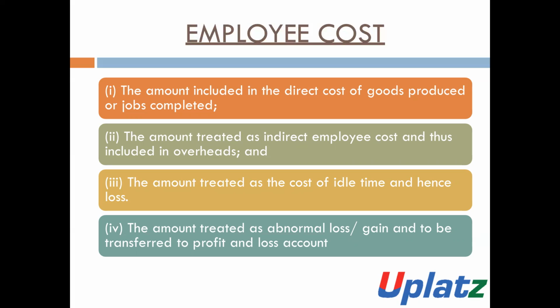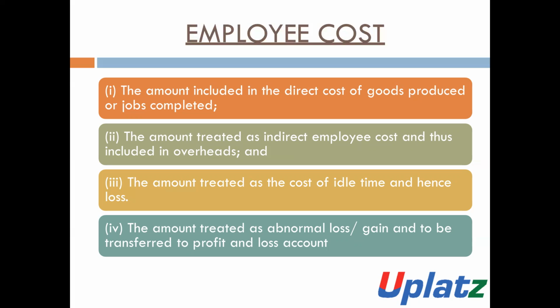After the analysis and collection of such cost, the department includes it in overhead. The department will also analyze the amount which is treated as the cost of idle time, and it will be considered as loss.